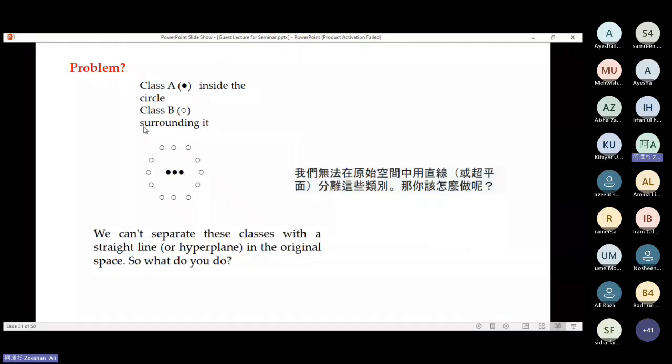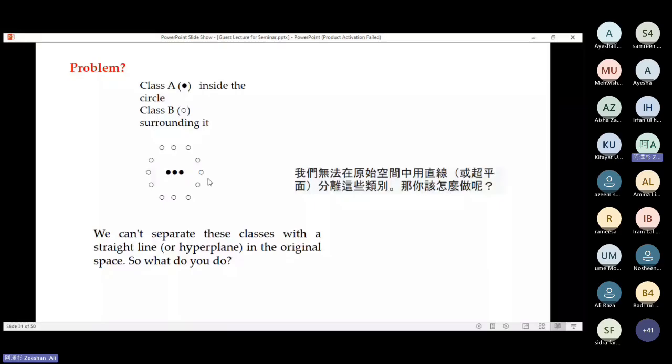These are all class B. We can't separate these classes with the help of a straight line or hyperplane in the original space. There are many problems in separating these two clusters into different categories.